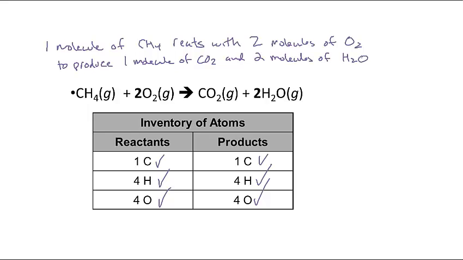All right. And I could have also said here 1 molecule of CH4 as a gas reacts with 2 molecules of O2 as a gas. So I could have been even more specific with that.